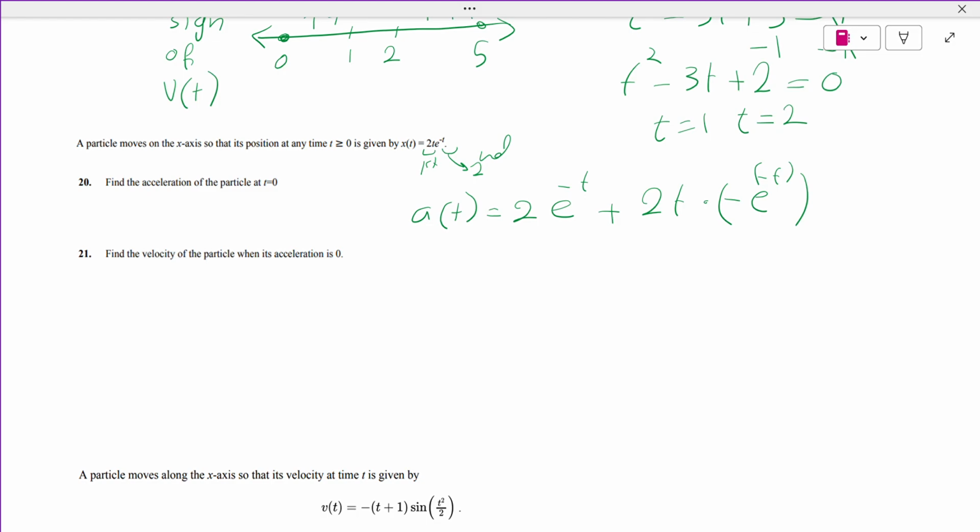Now, this bracket is extra. We can rewrite it. A of t equals, well, there is e to the power of minus t as a common factor. That leaves me with 2 minus 2t, right?